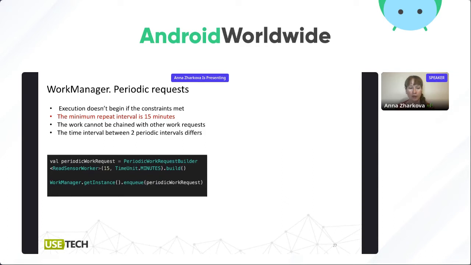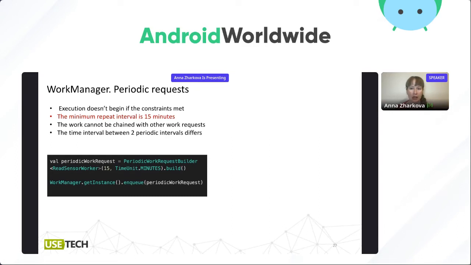WorkManager has a mechanism of periodic requests. And it seems that is the kind of scheduling I need in my work. But it's not, because the minimal repeat interval is about 15 minutes. 15 minutes is okay for jobs such as clearing something, saving something, or requesting some kind of update.